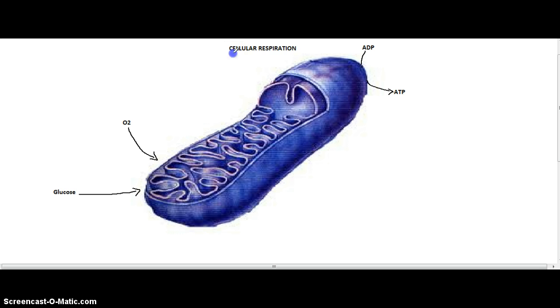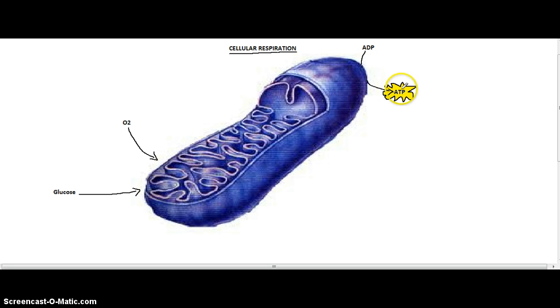Okay, cellular respiration is to convert ADP into ATP. I'm going to do a little energy thingy around ATP to show that it has a lot of energy in it, and I'm going to fill that in yellow. That looks cool. Okay, so glucose goes in, oxygen goes in, and what comes out?